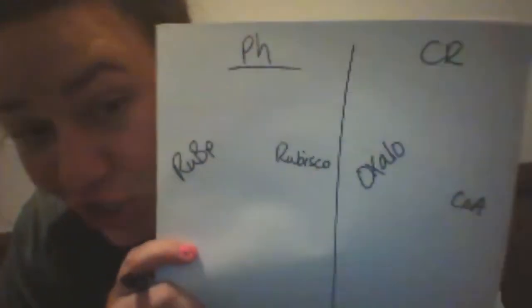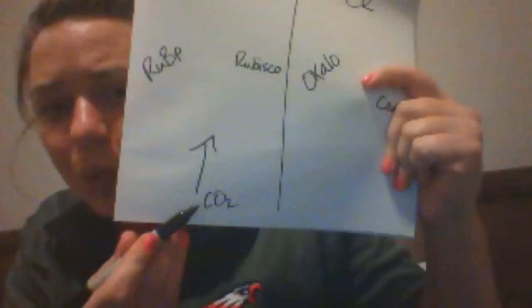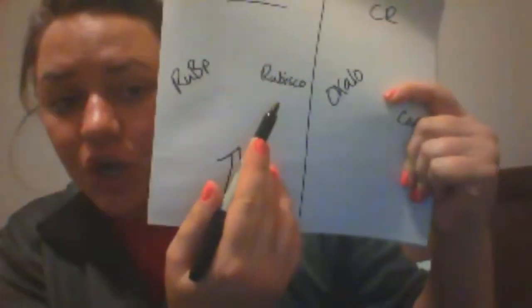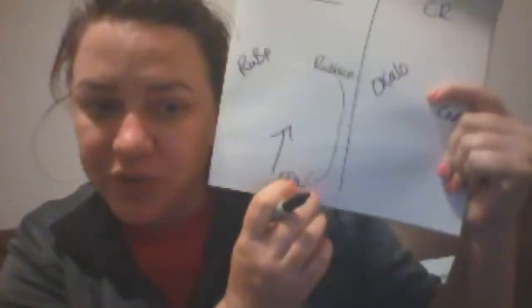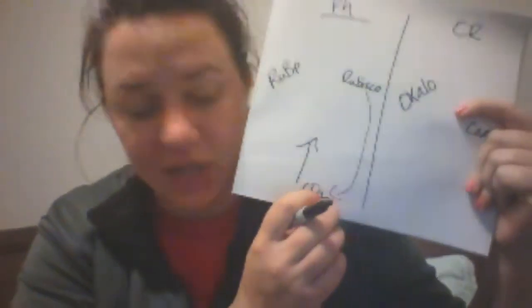Okay, let's do this again. I made this little chart. In photosynthesis, you've got RuBP and Rubisco floating around, living their life. Then, all of a sudden, who just came into our space? CO2, who are you? Rubisco, get into action. Rubisco says, I think you need help, let me take you somewhere.